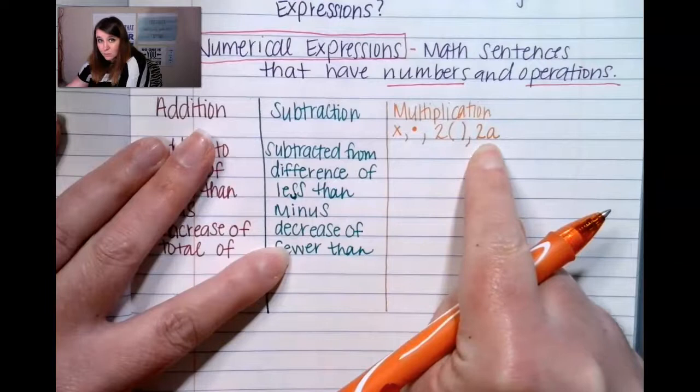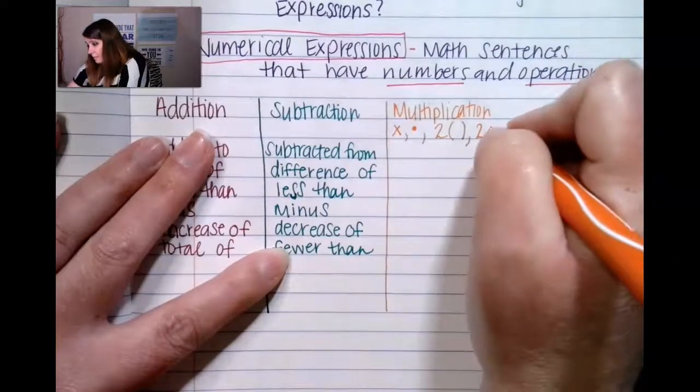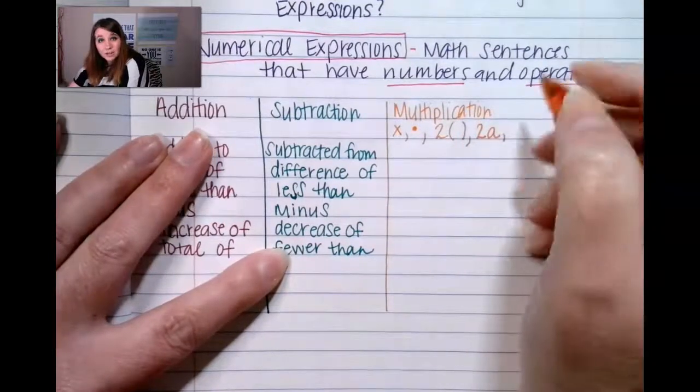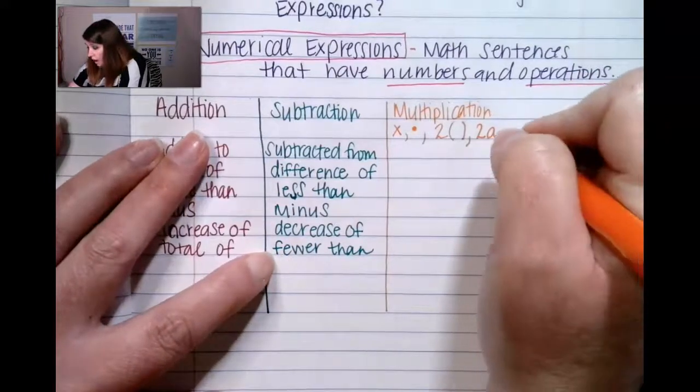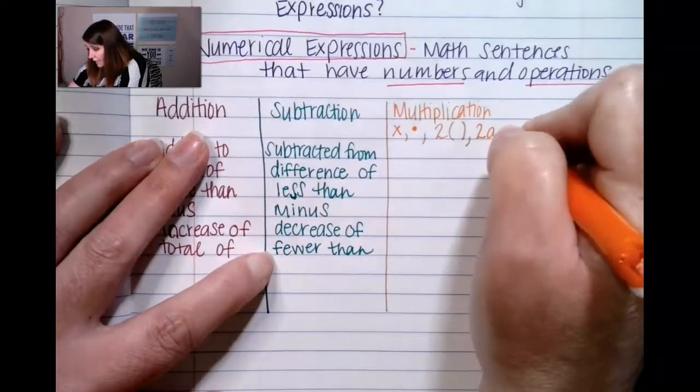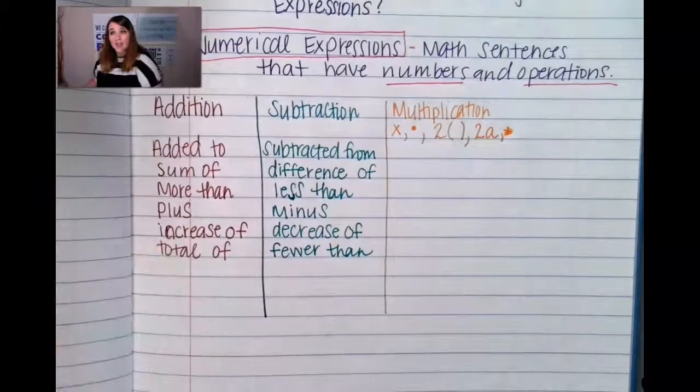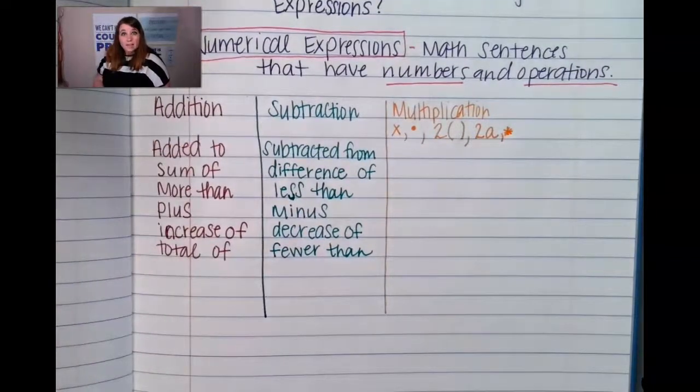That still means to multiply. And because we're in distance learning and not always able to have a dot, a lot of times you might see the star or the asterisk. That is also used for multiplication, and it's used in place of the dot.